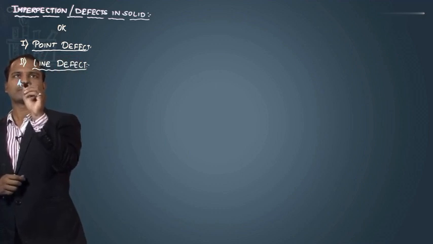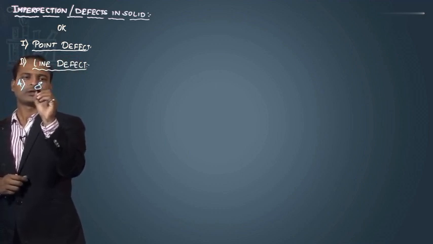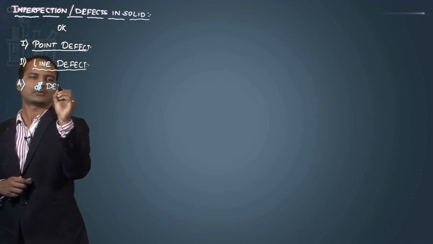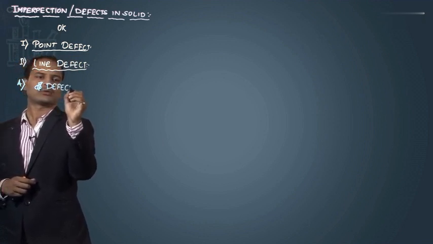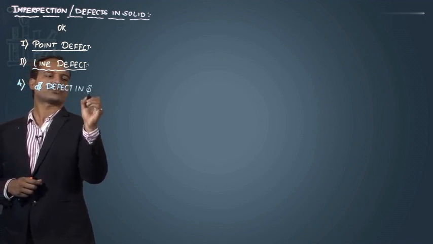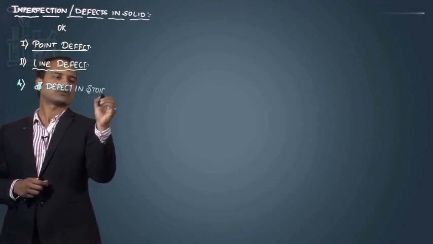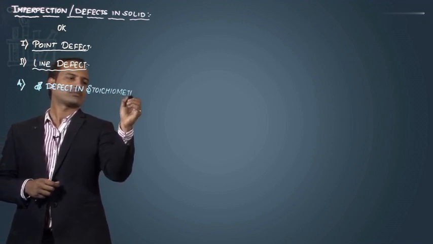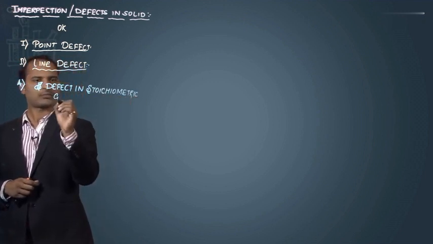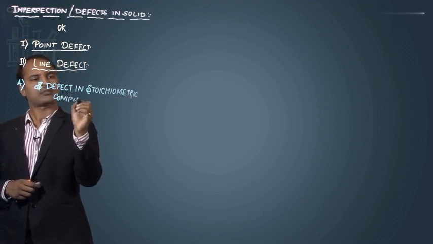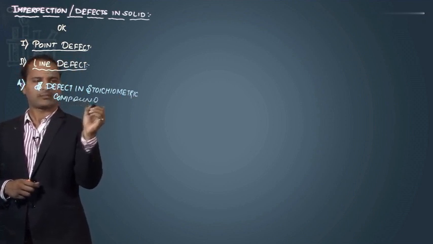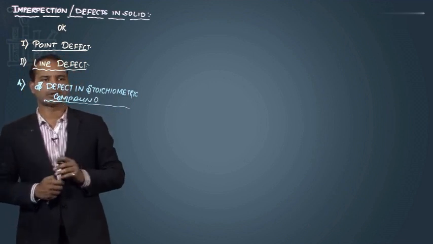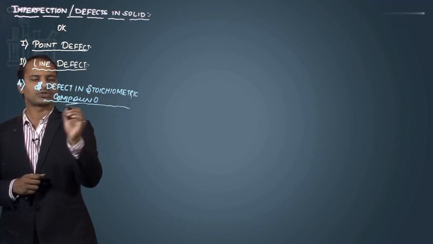Point defects in stoichiometric compounds. In stoichiometric compounds, we generally have two types of defect.